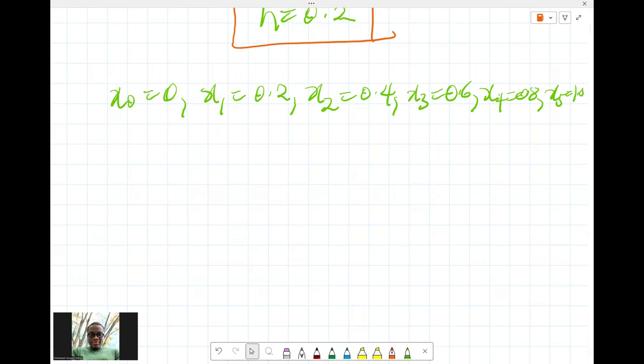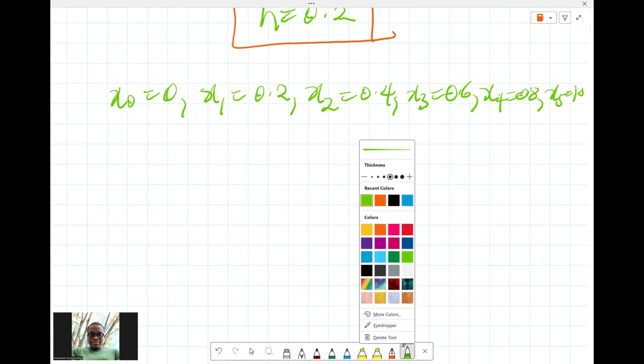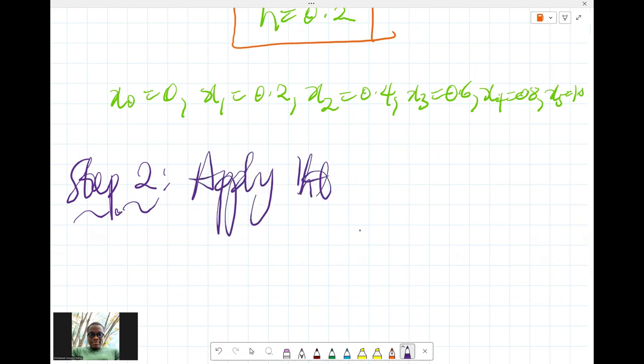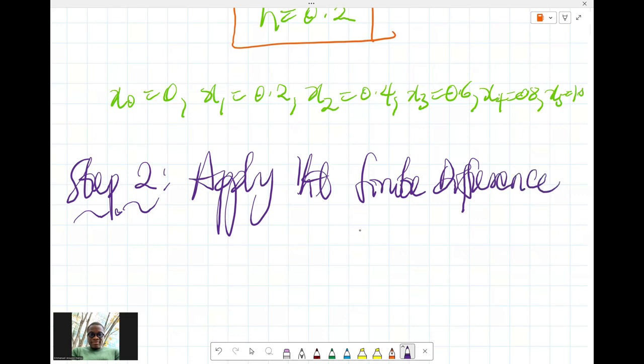So with all of that in place, the next thing we want to do is step 2. For step 2, we apply the finite difference approximation.